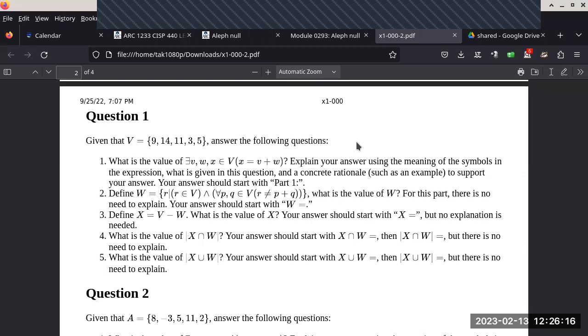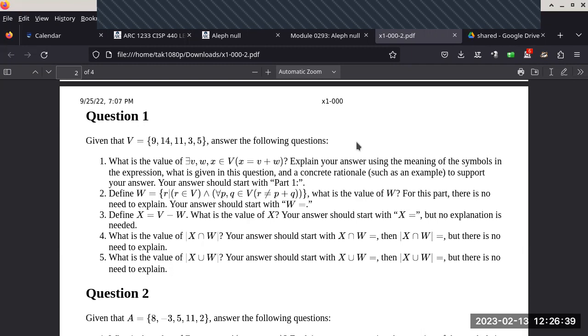So what if x equals 14, v equals 11, and w equals 3? That is one case that makes the quantified expression true, and as a result, the existential quantifier is also true. So I will have to explain like that.